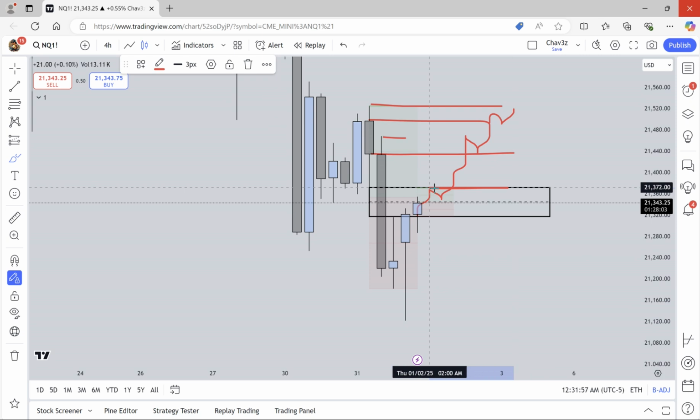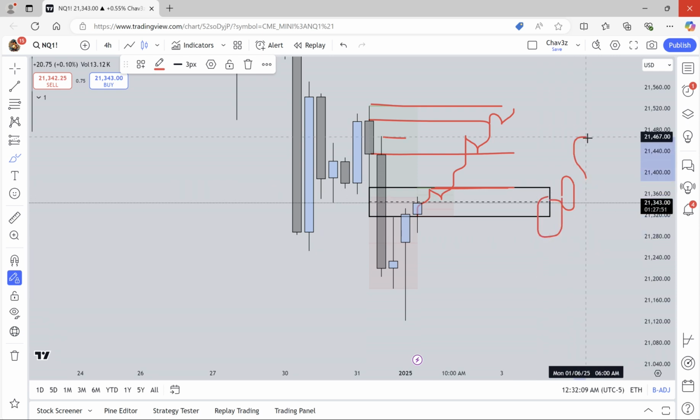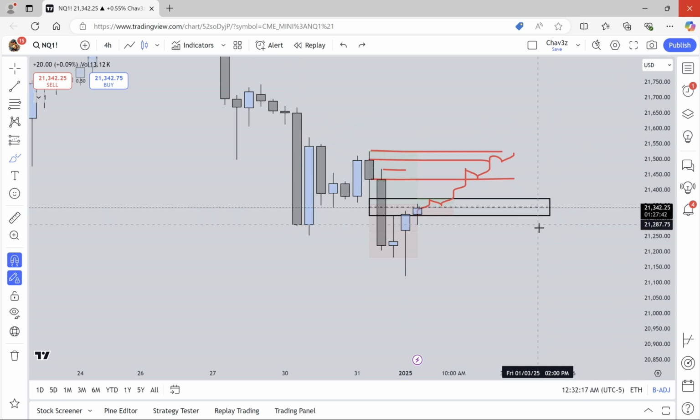This specific 4 hour, the top of this 4 hour fair value gap, which is 373, 372. I want to see us create what? That fair value gap on the level, and then come back and trade into it, and then outside of that range and continue higher.